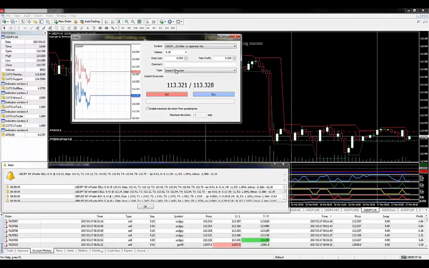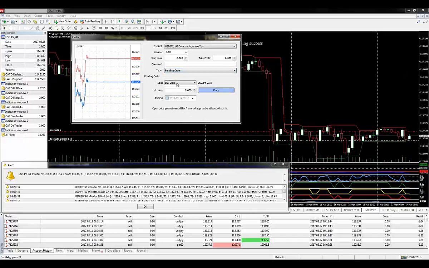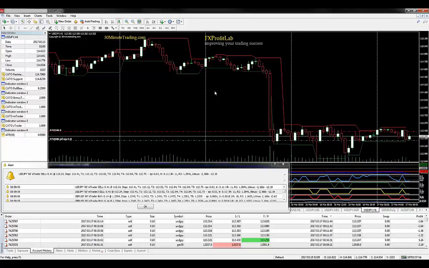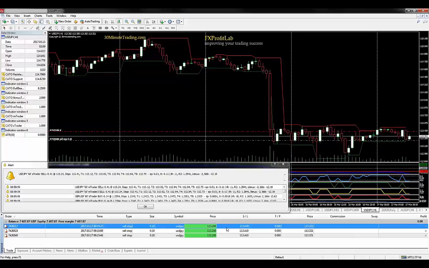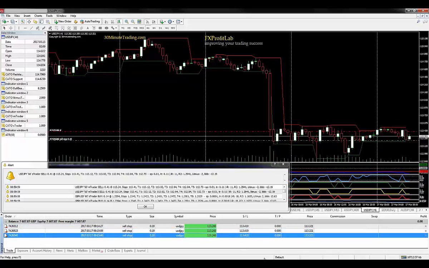We're going to have another pending order, which is a sell stop, which is at 113.24 with a stop at 113.41. Place. There we go. Okay, so now we've got those trades on. You can see the trades are sitting waiting for the trade to activate down here.